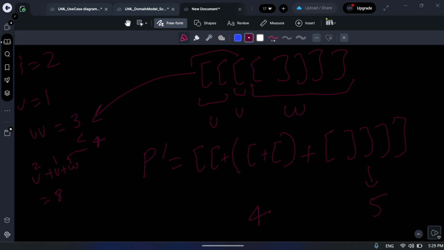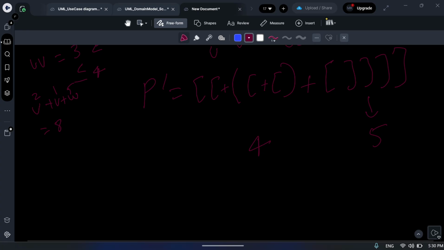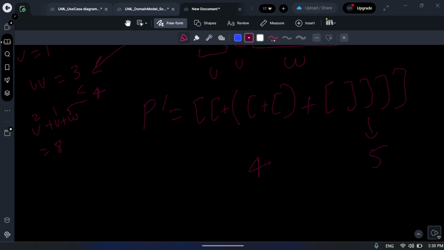Now what happens is that we understand that when we try to pump this side, as we already did, the opening brackets after pumping are 1, 2, 3, 4.